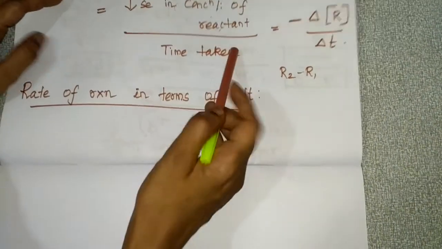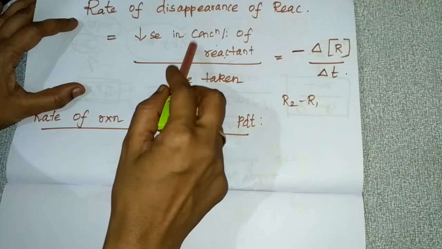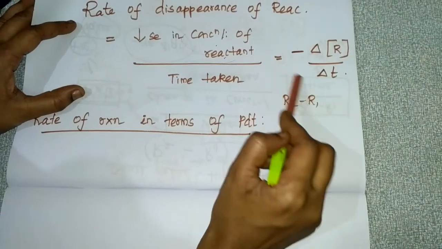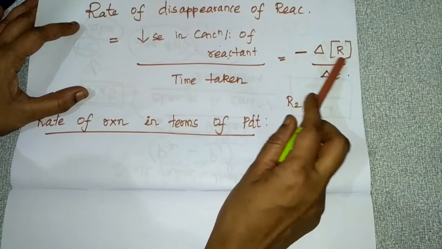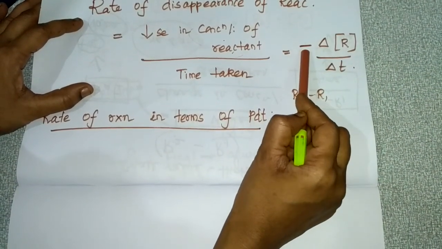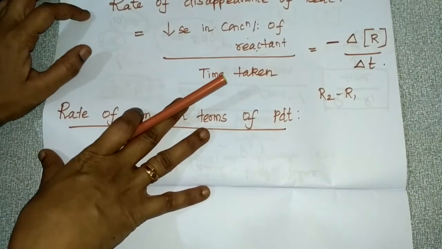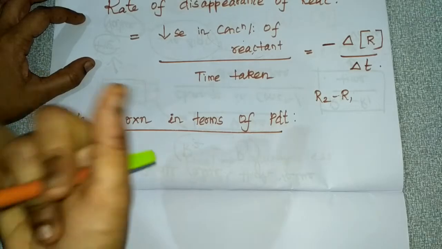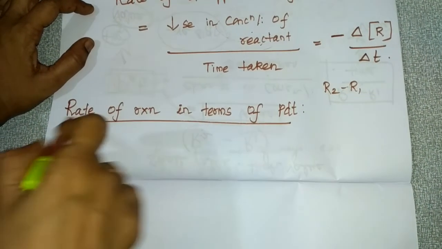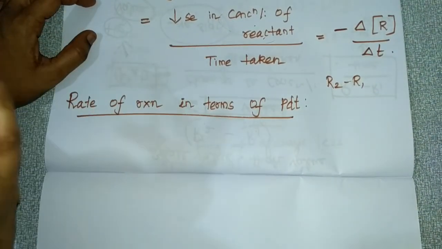And this rate of disappearance of the reactant should be expressed as decrease in the concentration of the reactant upon time taken, so you have to represent it as minus, minus del R upon del T. So you have to be very clear with this concept. Based on this concept, when we are doing numericals, it will be very easy for you to understand. Okay, so in the next session I'll give you the rate of reaction in terms of product with graphical explanation.